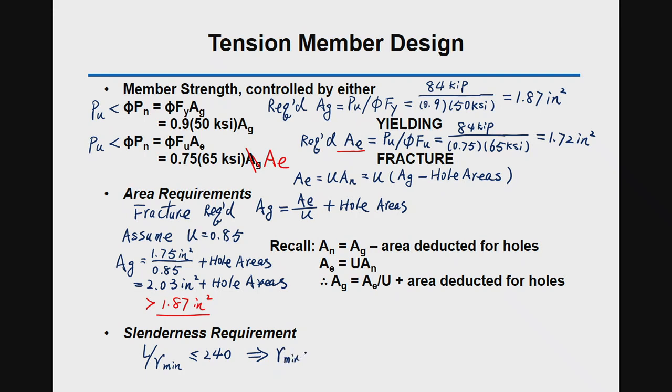So r min must be greater than the length of the member, 12 feet, converted to inches: 12 times 12, divided by 240, equals 0.6 inches. Don't forget to check that slenderness requirement.